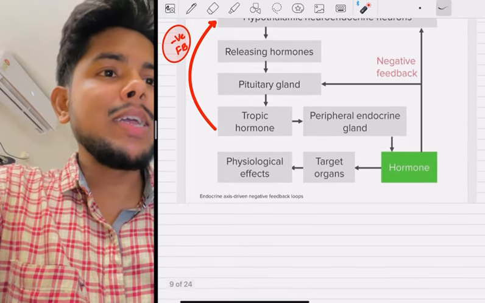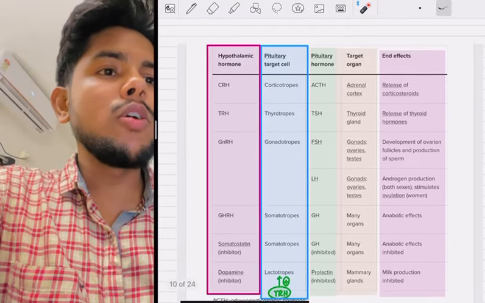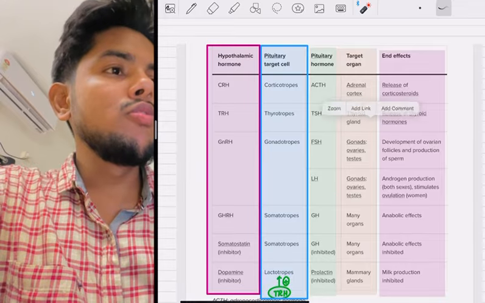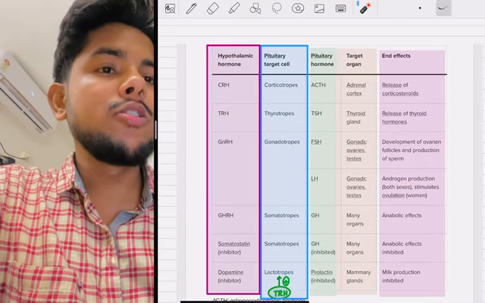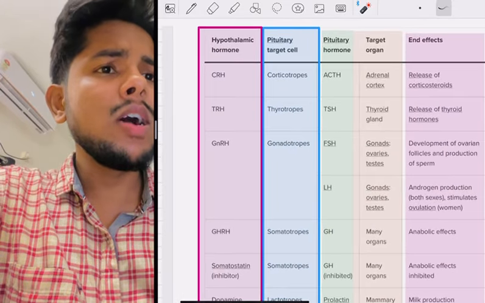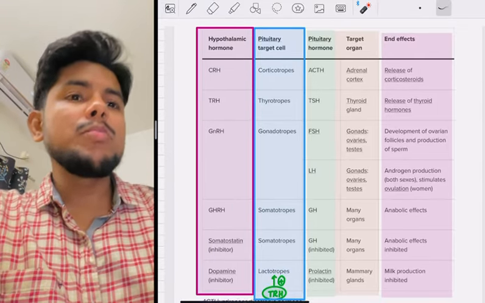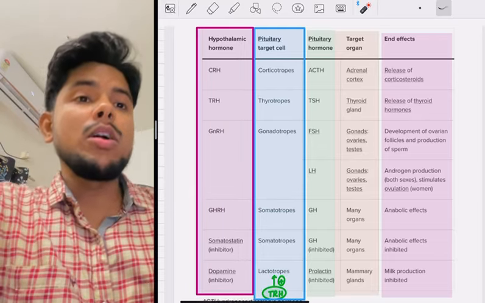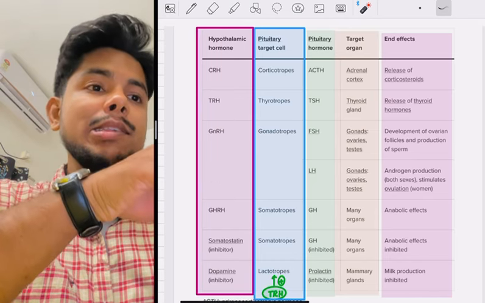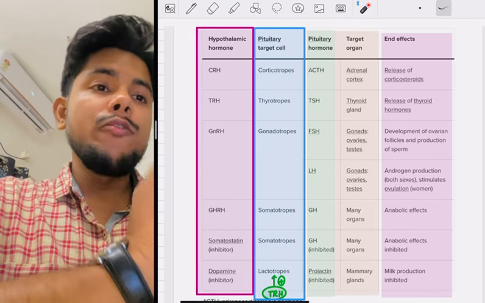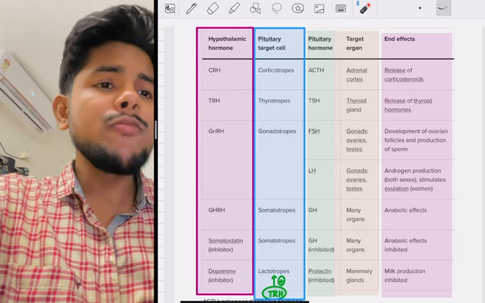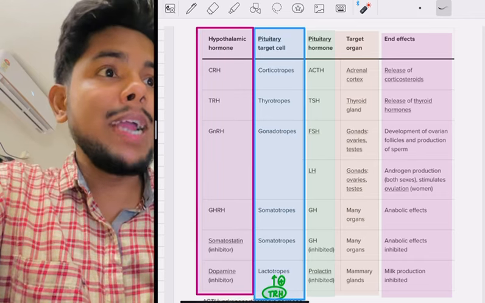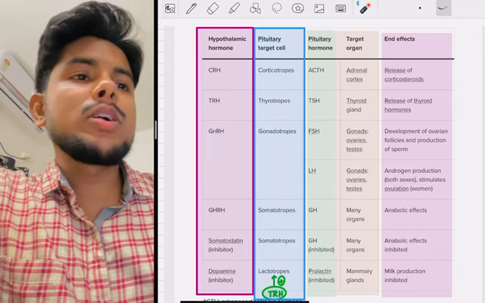Now, having said this, we should know about the hypothalamic as well as pituitary hormones. I told you that the hypothalamic hormones control the release and the overall function and physiology of the anterior pituitary gland. Please focus now.